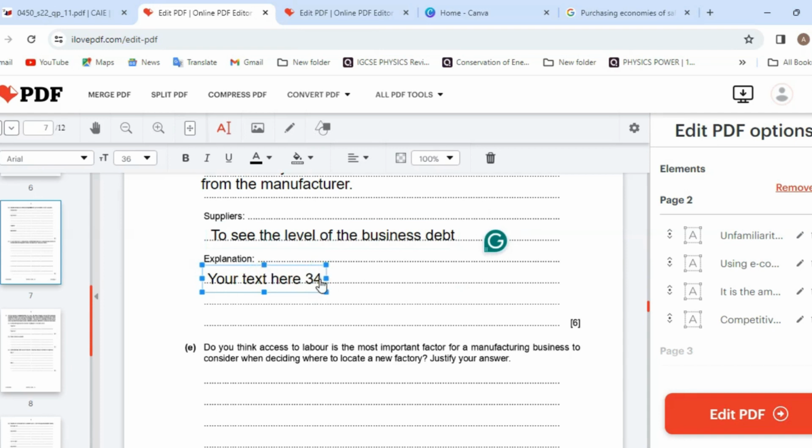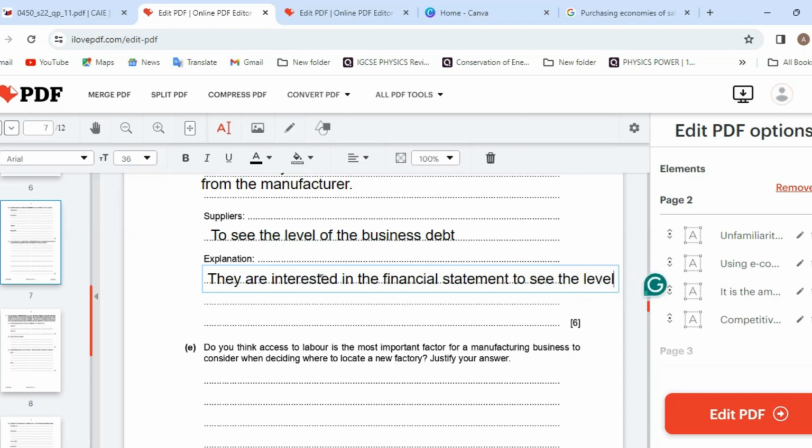Let's try and explain. They are interested in the financial statement to see the level of debt, that is the current liability.